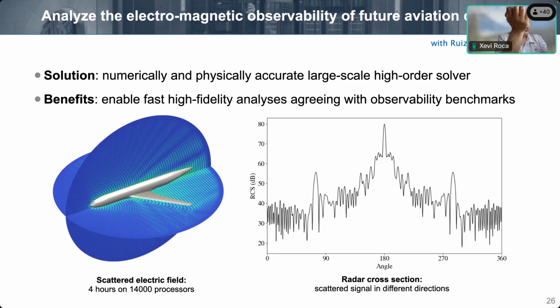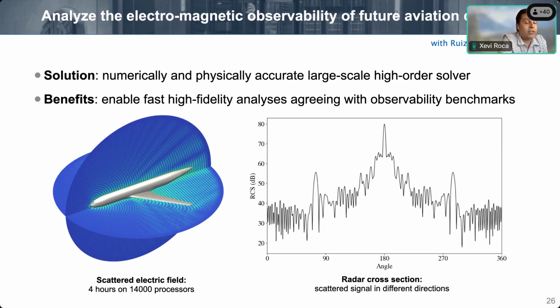So our solution is to get a capability in the department that is numerically and physically accurate to be able to do this large scale analysis using a high order solver. And the benefits that we expect in the long term is that we can enable fast and high fidelity analysis that agree with the observability benchmarks. These are results that Eloy Ruiz got in a prototype for complex geometry.